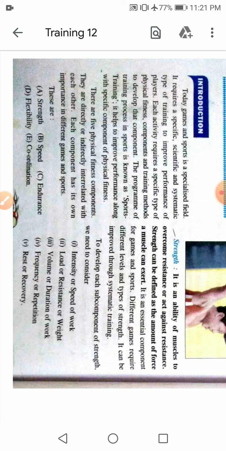These components are directly or indirectly related with each other, and for every game we require different components. For example, in weightlifting we require strength, and in running we require speed, but also flexibility. Because all these components are interrelated, we require different components for different games and sports.